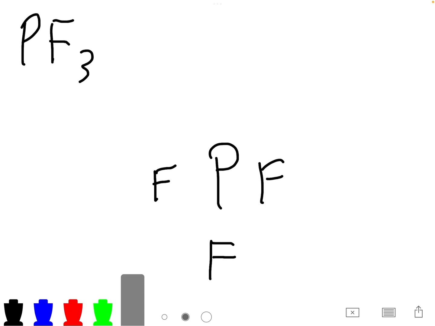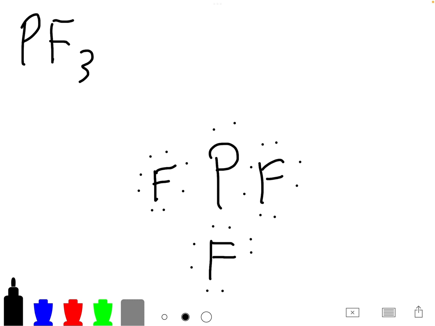Okay, so it's going to be like this. So you do 1, 2 for each of the bonds and lone pairs, and these two. So it's just going to look like that.